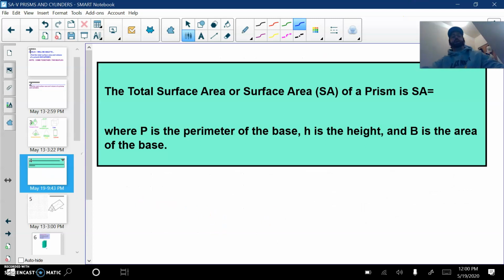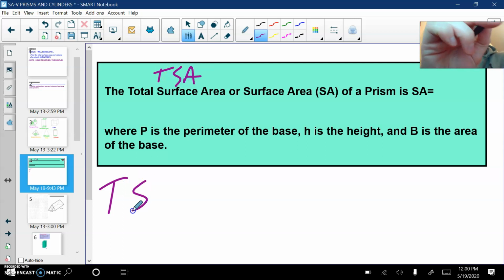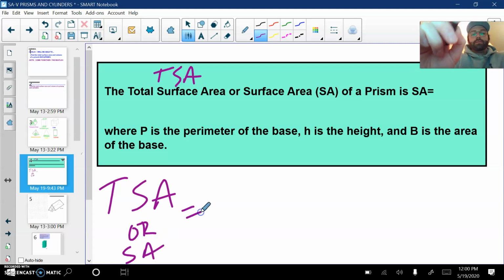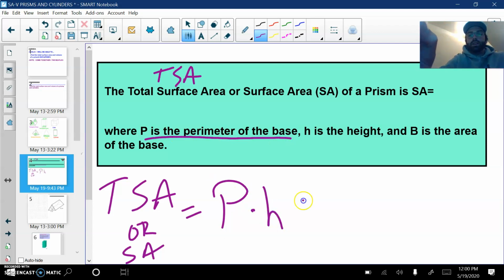The other possible way is to find the perimeter of the base. So here we go. The total surface area, or TSA, or just surface area, is the perimeter of the base times the height of my shape plus 2 times the area of the base.